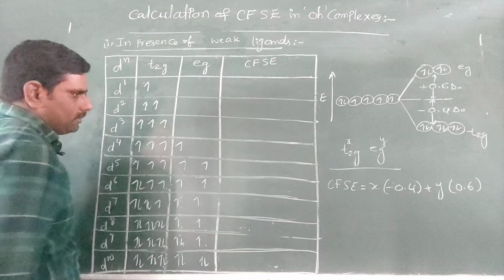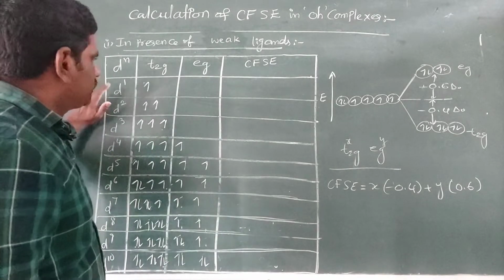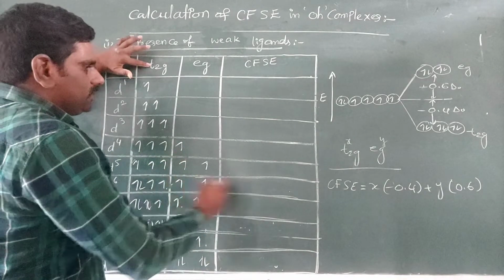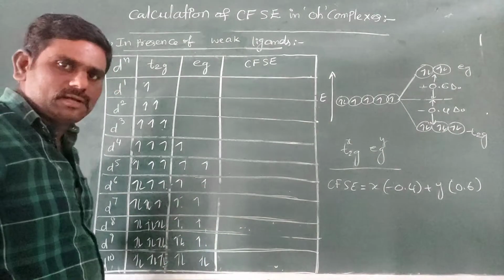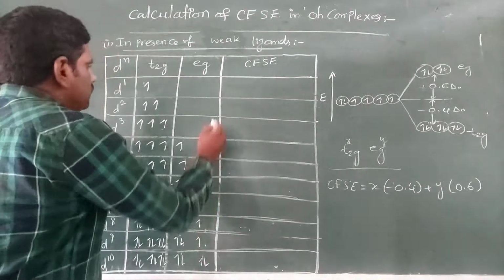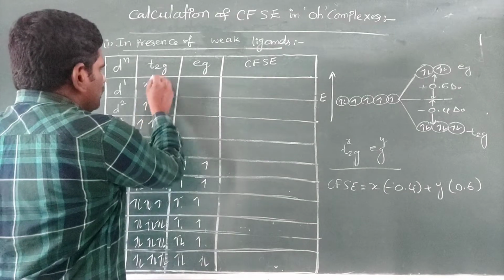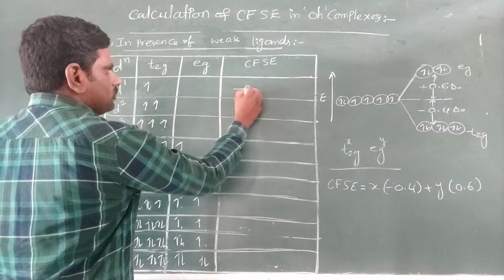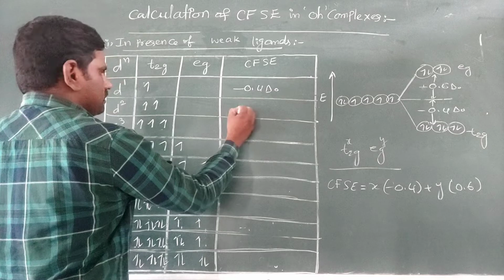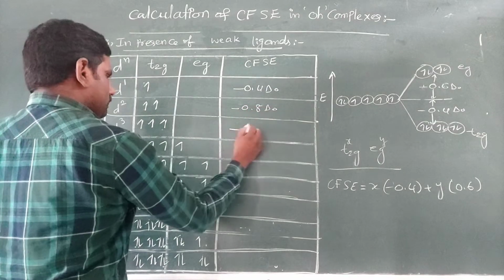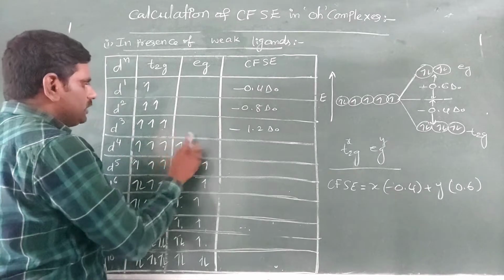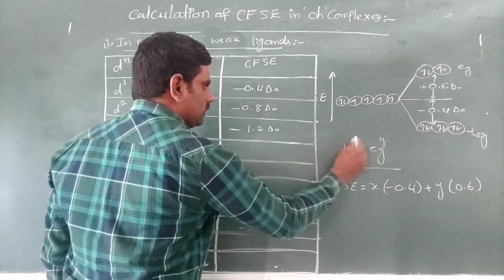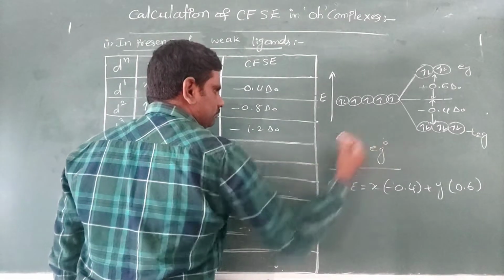So I write now. x and y are the number of electrons present in t2g and eg orbitals respectively. So here see, 1 into minus 0.4 delta naught, in the same way. In this case d3, t2g3 eg0.